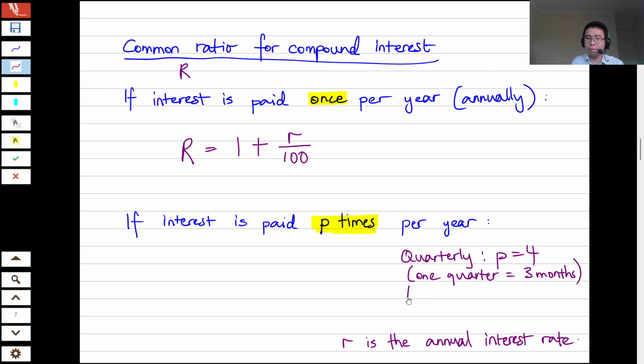If interest was paid monthly, then P would be 12. If interest was paid weekly, P would be 52. And if interest was paid daily, P would be 365.